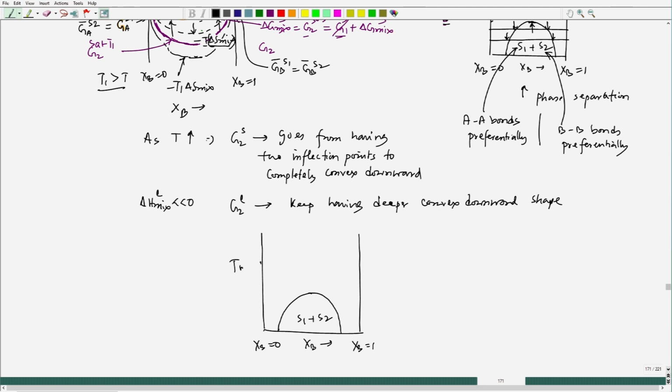This is T M A, this is T M B, this point and this point. Okay. Now, because of these two conditions, it is similar to this. So, if I try to plot that, we will get a plot like this.